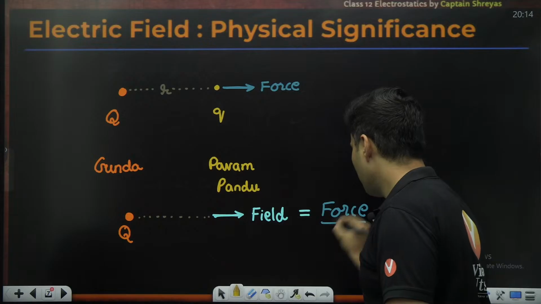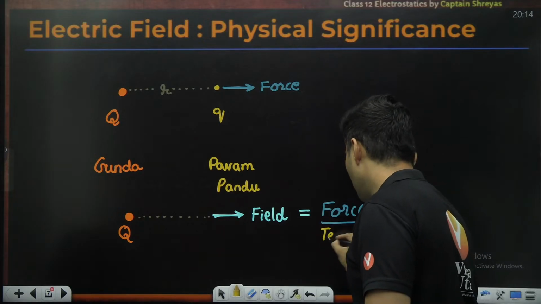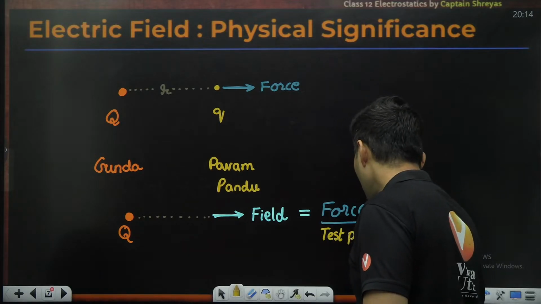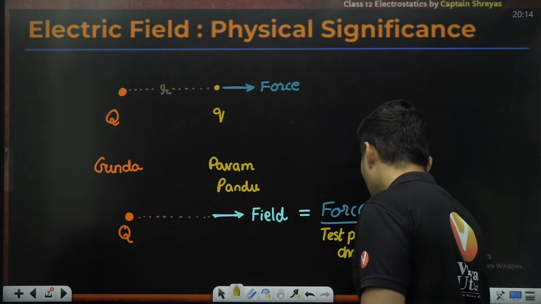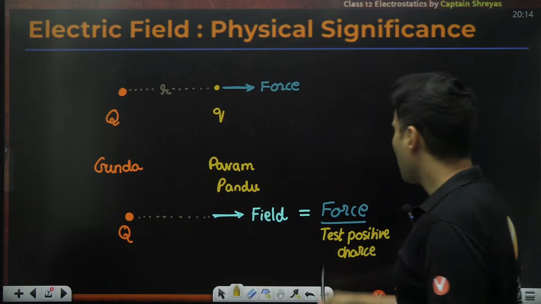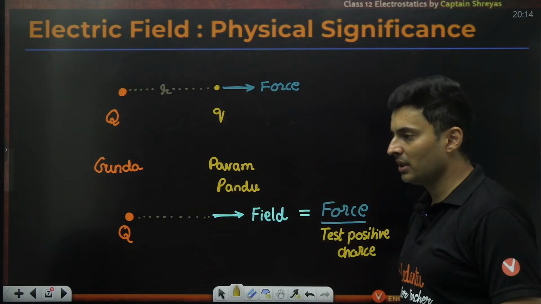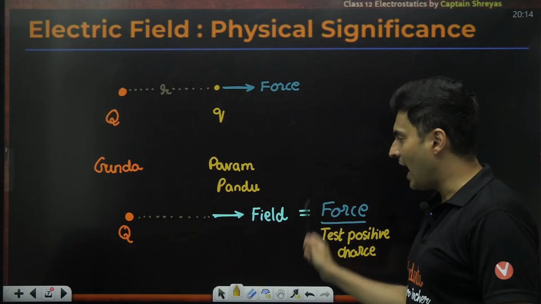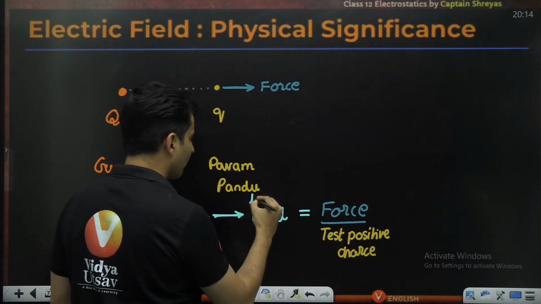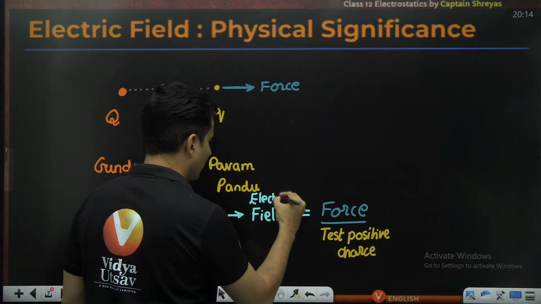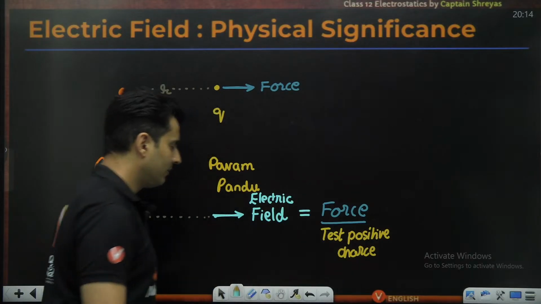So that is per unit test positive charge. Force acting on a unit test positive charge is called the electric field.